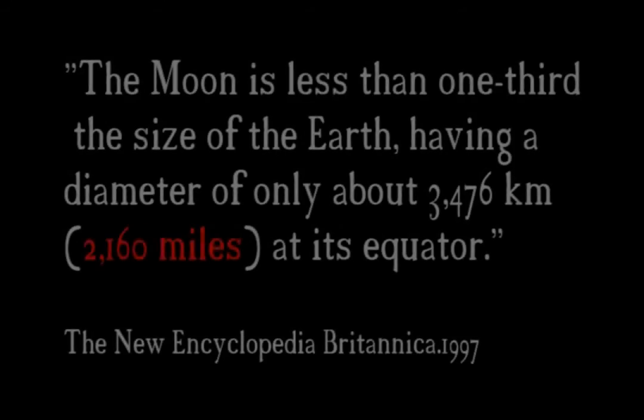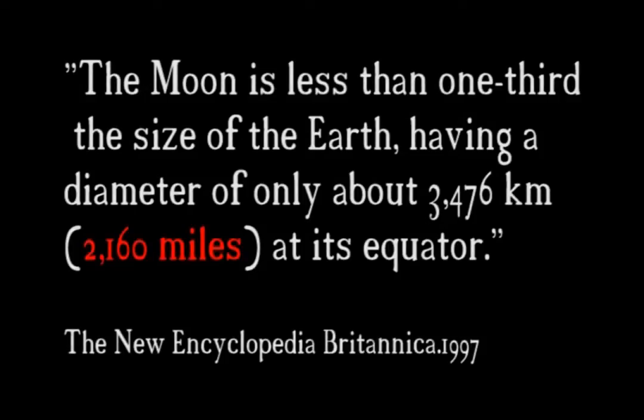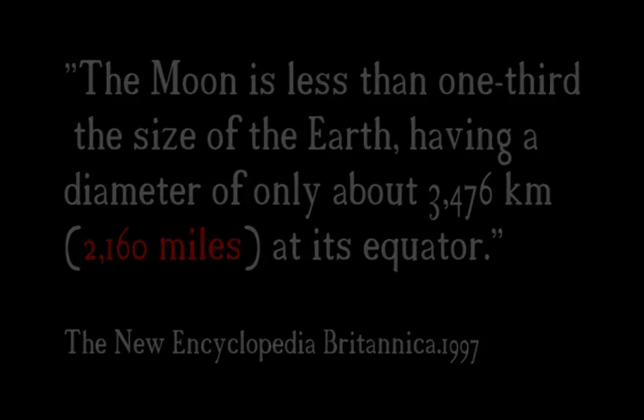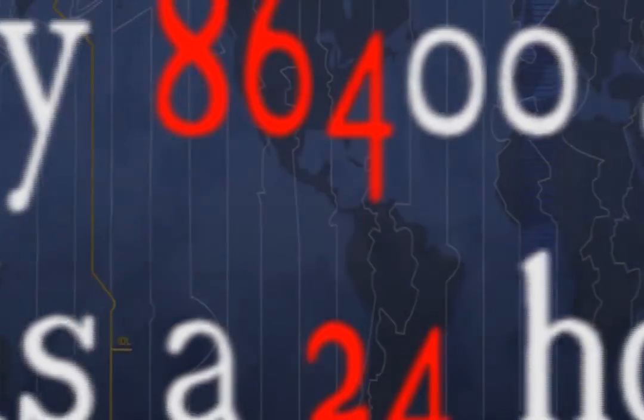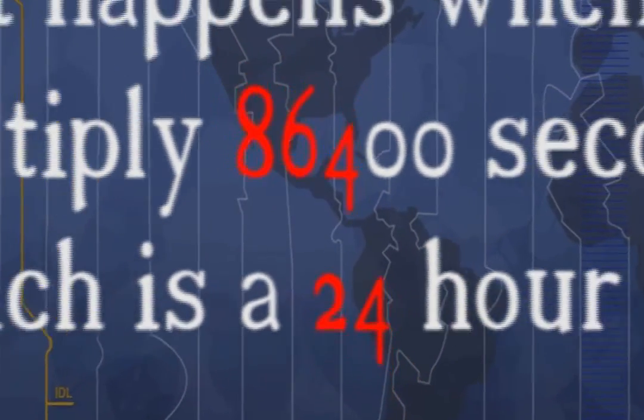Did you know that our moon has a circumference of 2,160 miles? 2,160 miles multiplied by 12 equals 311040.